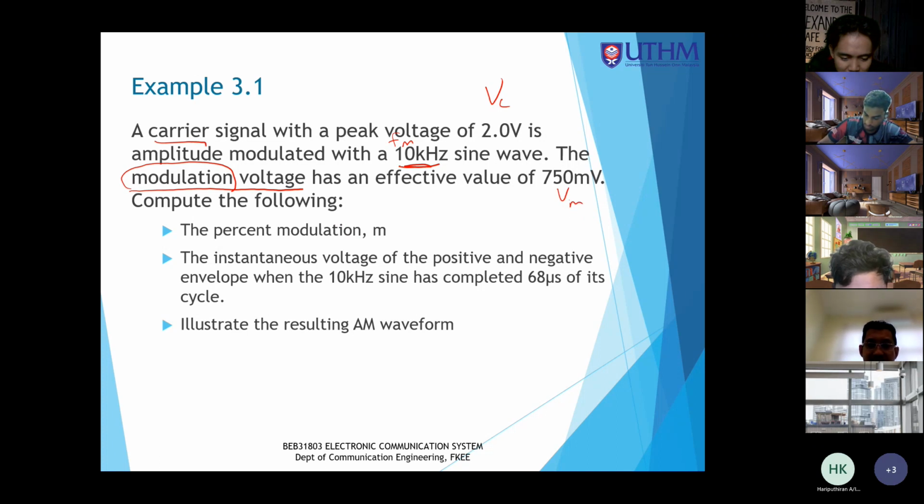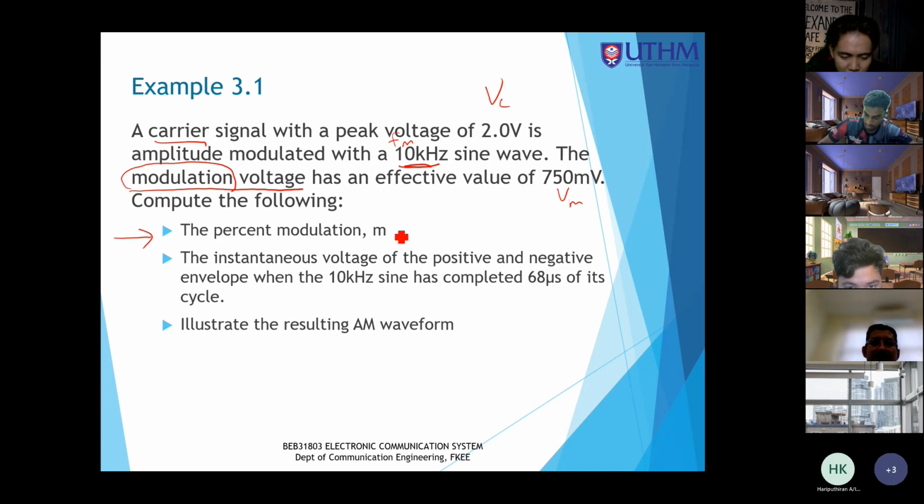So the peak amplitude of the message modulating signal is 715 millivolt. And then what? Calculate the percent modulation. So dia nak cari percent modulation, modulation index dalam sebutan persen.